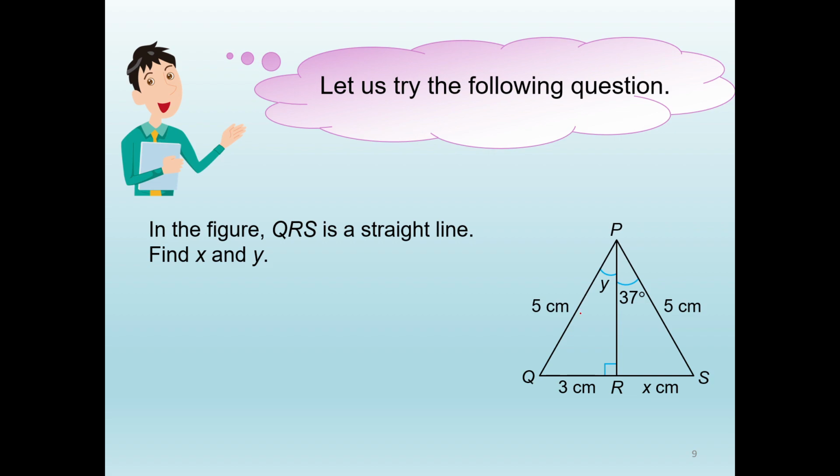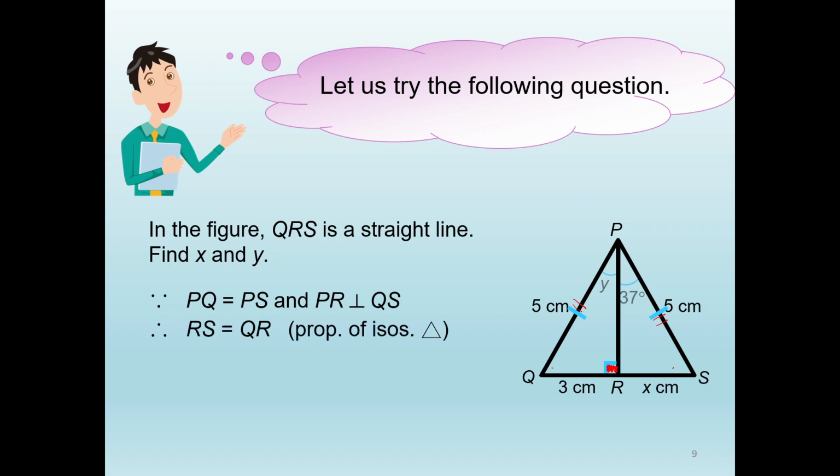So now, the equal sides are PQ and PS. But now, we are not talking about the base angle. We are talking about the x and y. So that means we are using the right angle here and also using the equal sides.